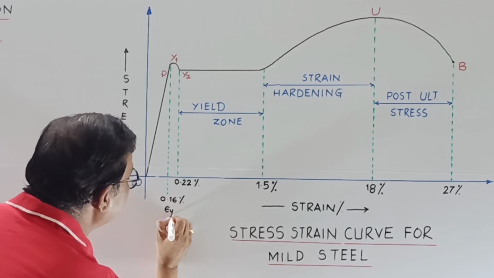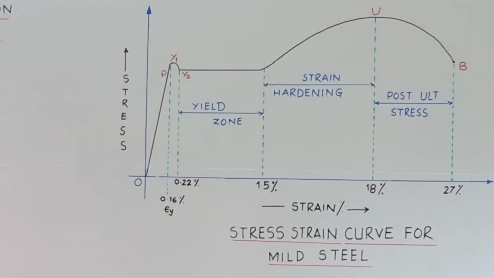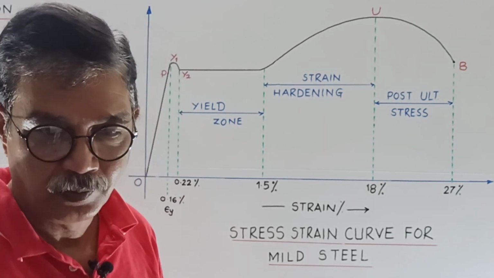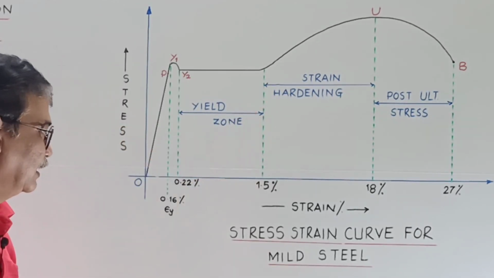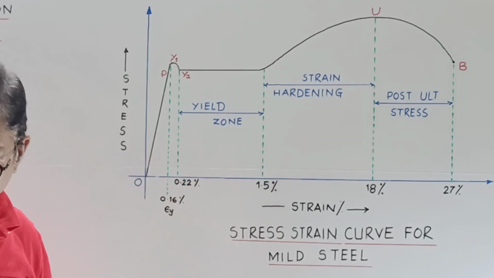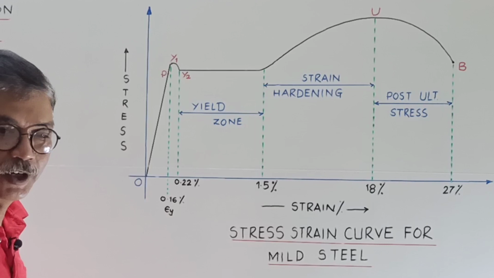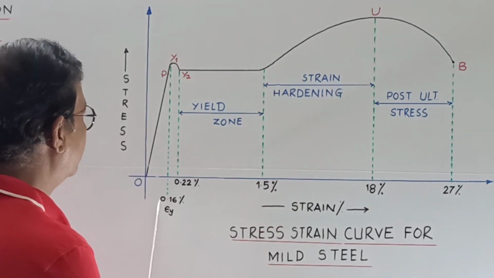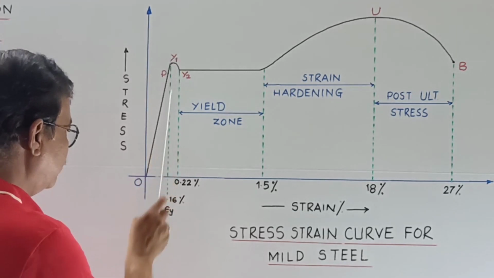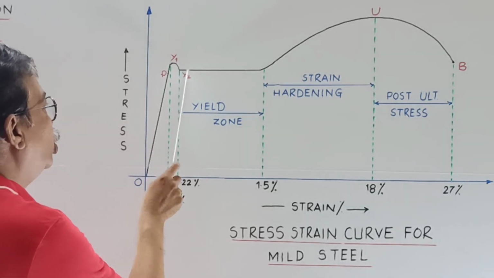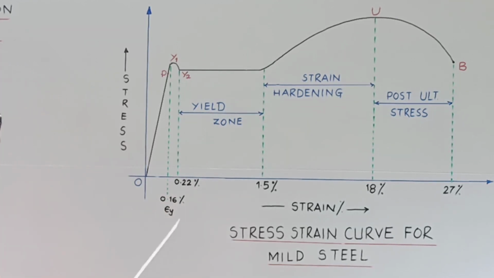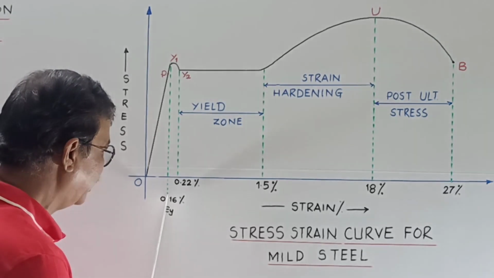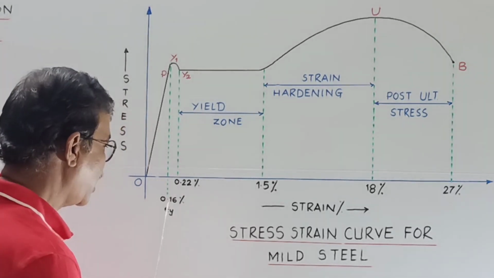The strain at which strain hardening commences is 10 times this epsilon y. So look here. Strain corresponding to Y1 is 0.16%. Lower yield Y2 is 0.22%. And up to 1.5%.